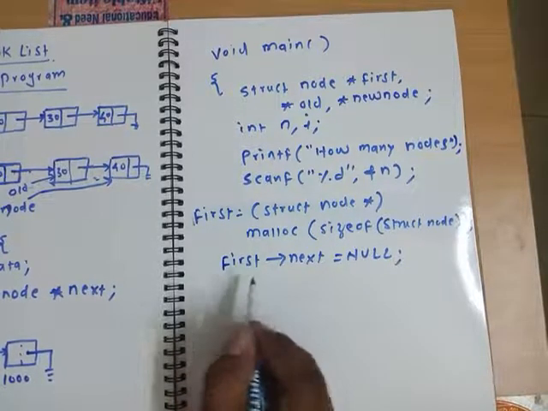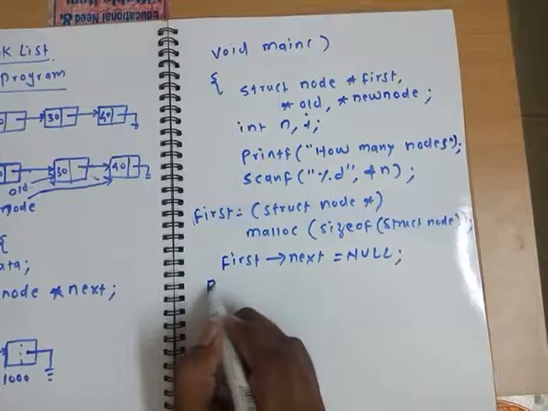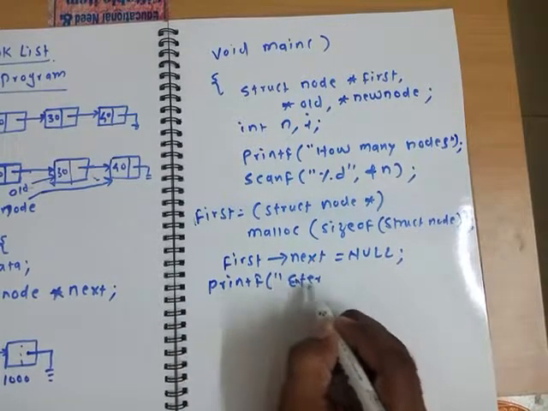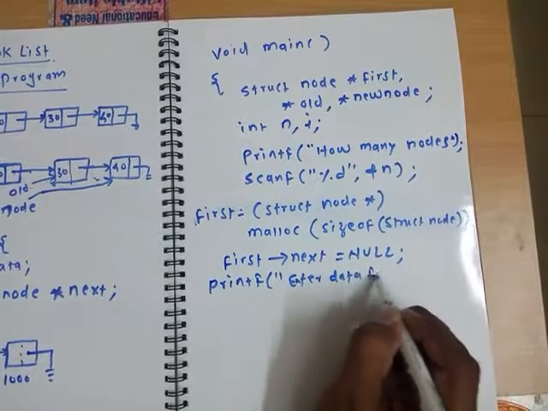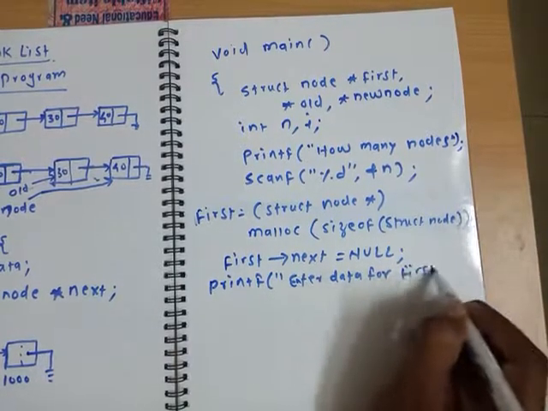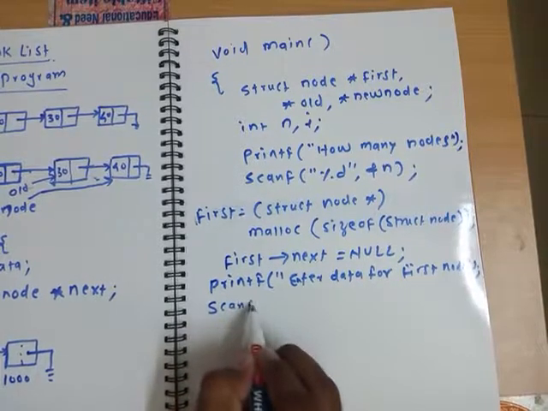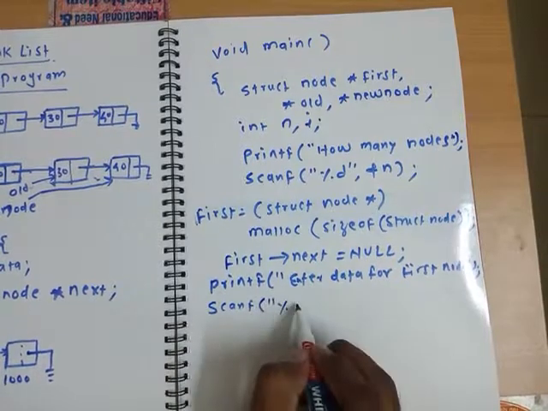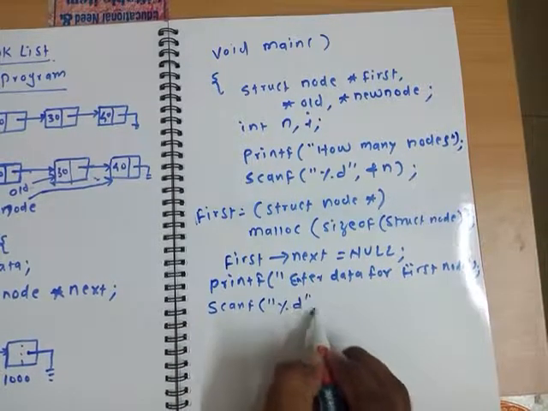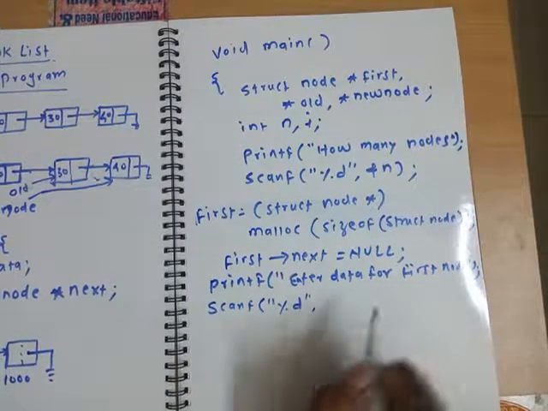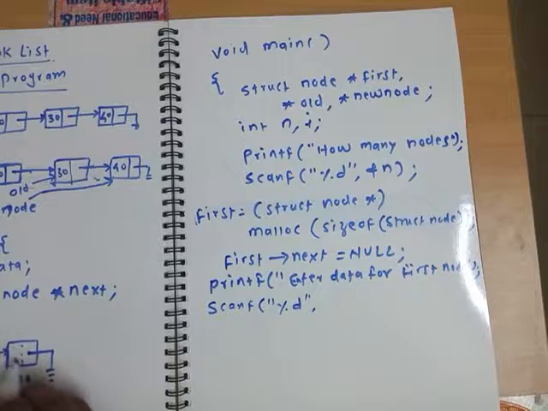Then I'll ask the user to enter data for the first node. I'll say printf enter data for first node. So the user will enter that data with scanf, and the data is an integer quantity, so I'll use %d, and the data has to go here. This field's name is data, but that data is inside the node pointed to by the first pointer, so I need to provide the address of this location, right?